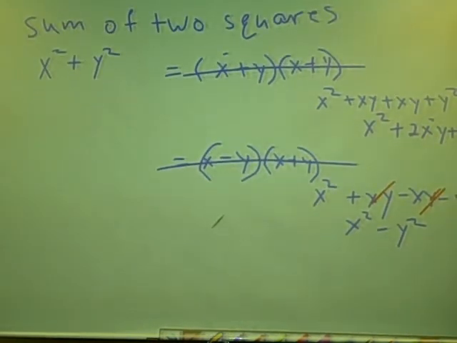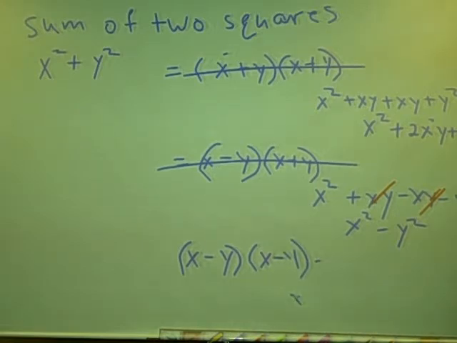And so the only thing that's left is x minus y times x minus y. So that's going to be x times x is x squared, minus xy, and then the two inner, that's minus xy again. Two last is plus y squared.